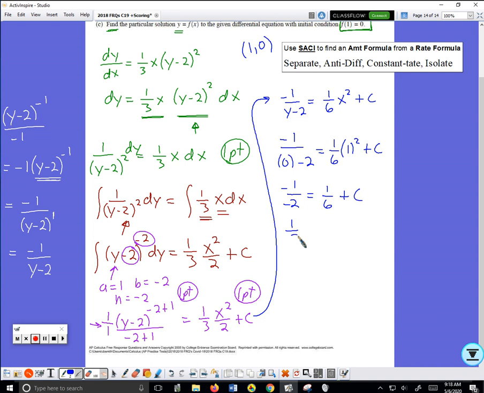And 1/2 minus 1/6, that's equal to c. That work in blue is one more point. I don't have to do anything with this. I can leave it like that if I want. It's not that hard to say that's 3/6 minus 1/6, which is 2/6, or 1/3. So c is equal to 1/3.